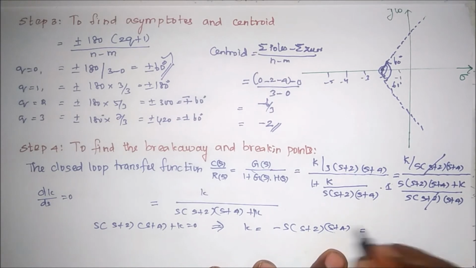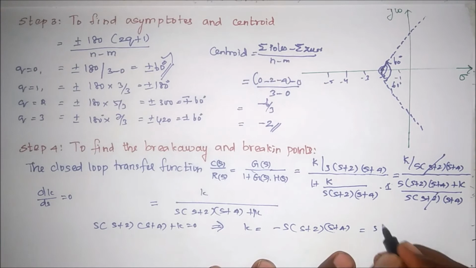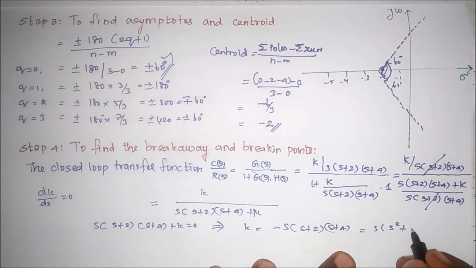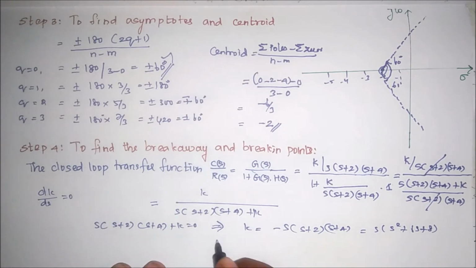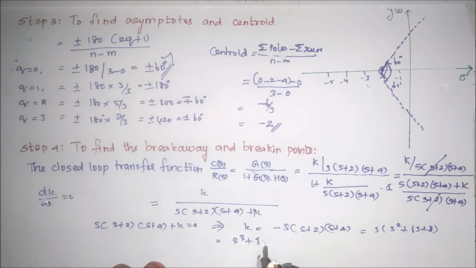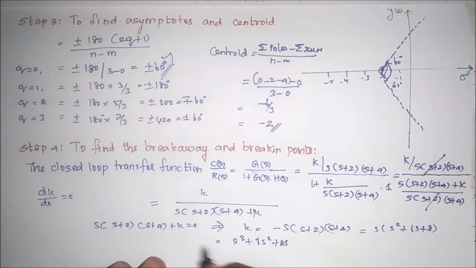If we multiply these two, we will get s into s square plus 6s plus 8. Again we have to multiply s inside, so we will get s cube plus 6s square plus 8s. So this is the K value. So now we have to find dK with respect to s.